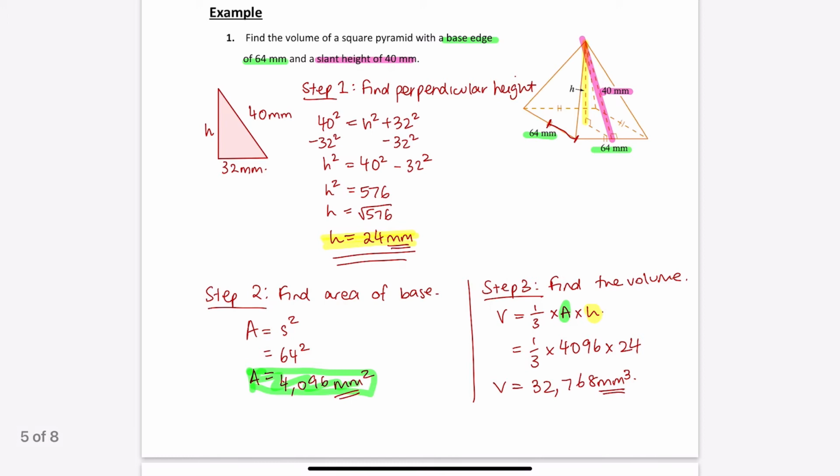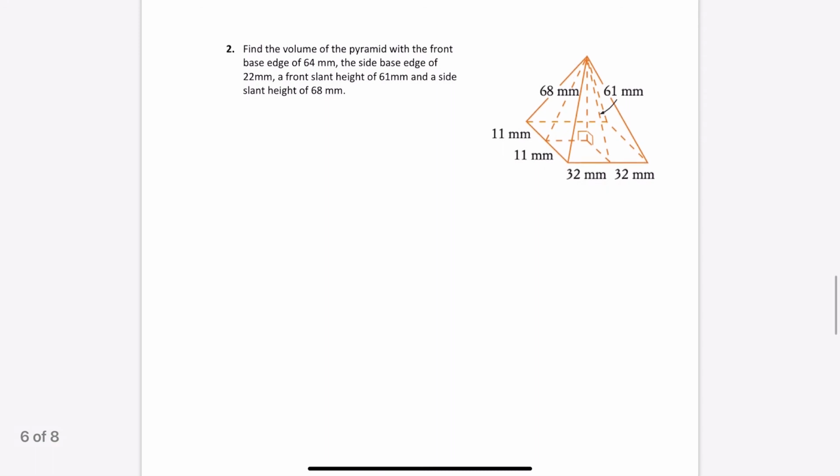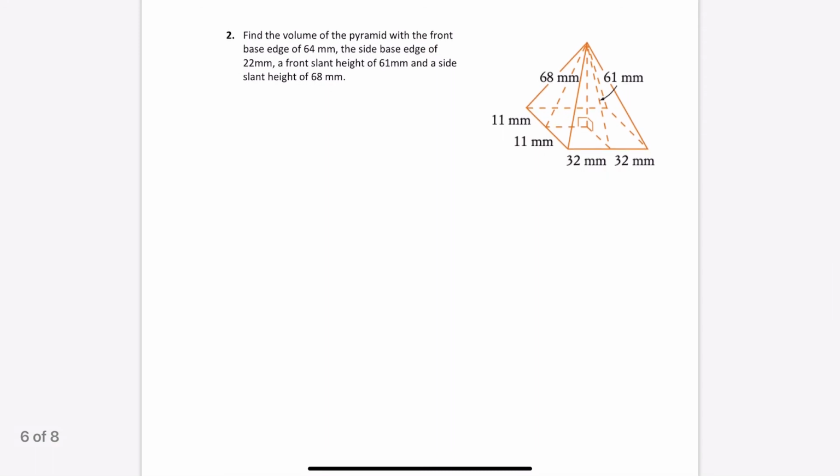Pause the video if you wish to write down any notes for that. Okay, so let's do another example. This one looks slightly more complicated, but it has all of the information in the question. Find the volume of the pyramid with the front base edge of 64. So let's highlight that.